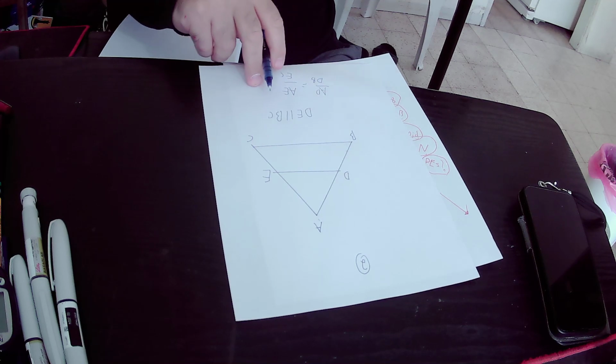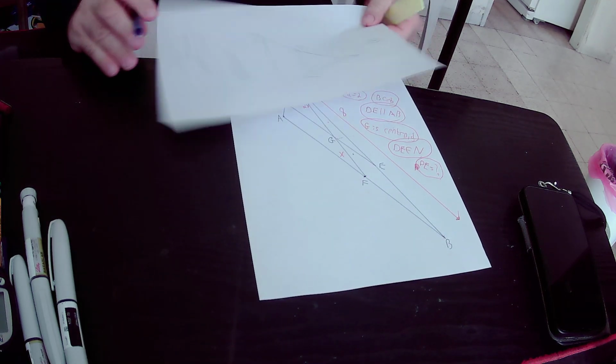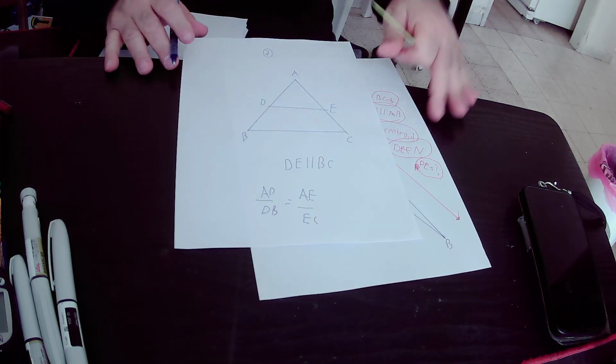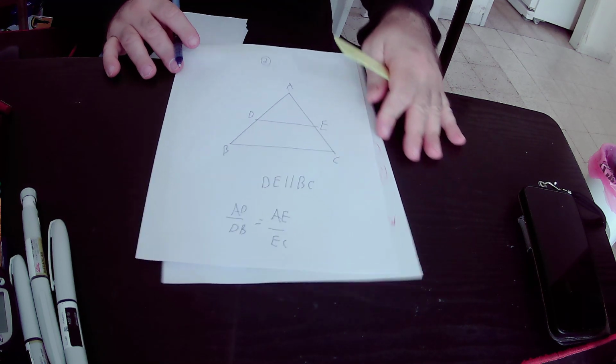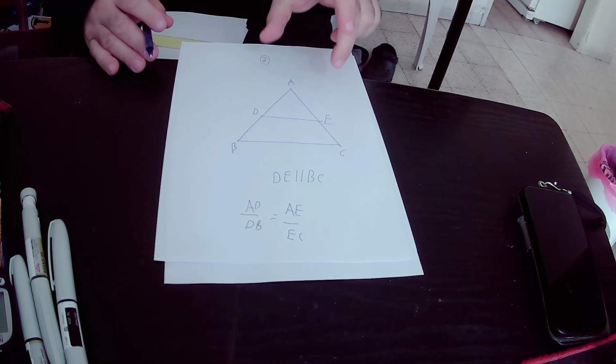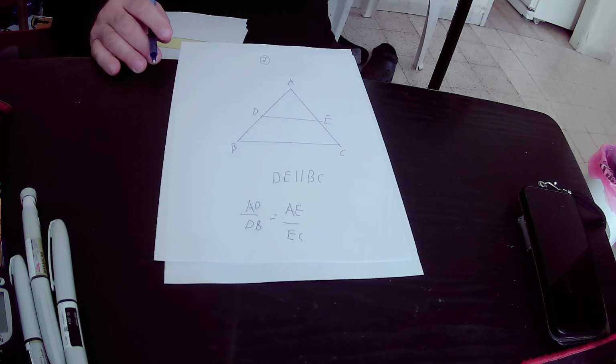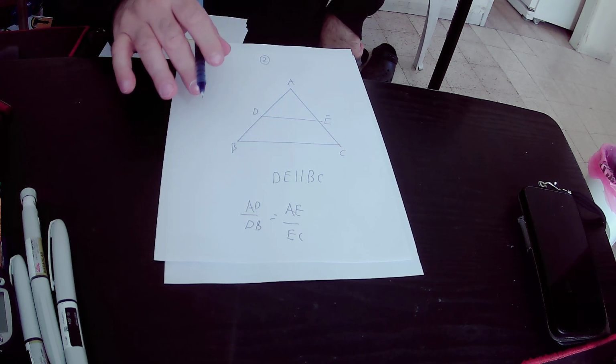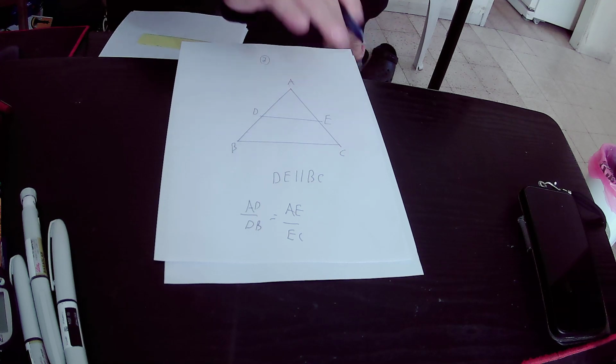I will repeat again the rule: in triangle ABC, which can be any triangle, if DE is parallel to BC, then AD over DB will be equal to AE over EC.